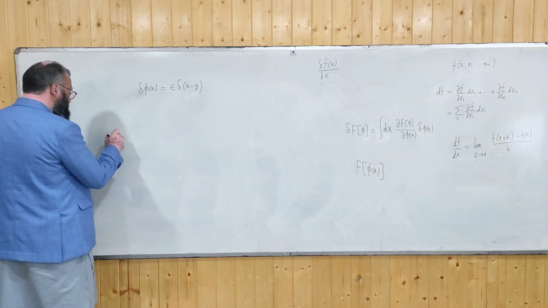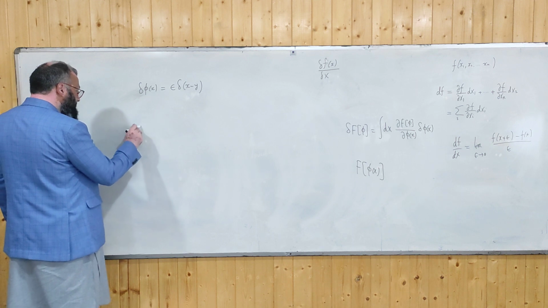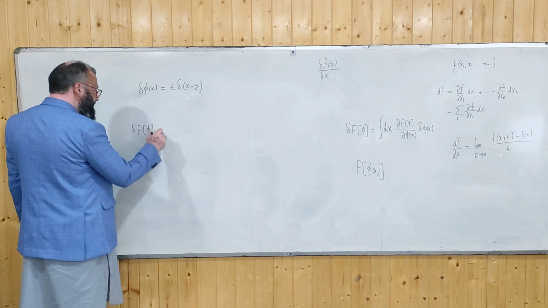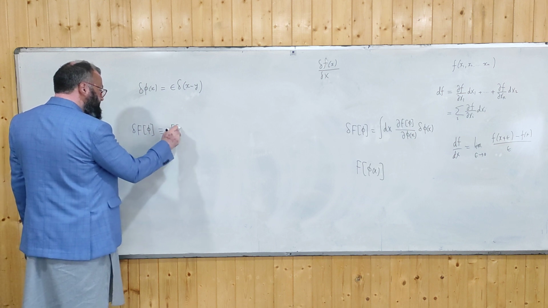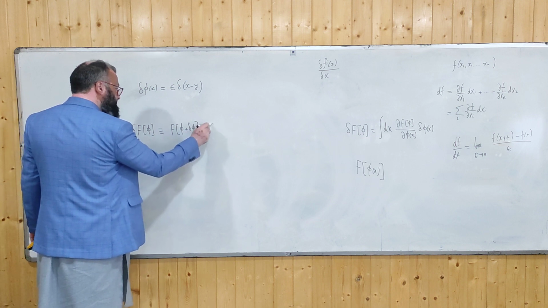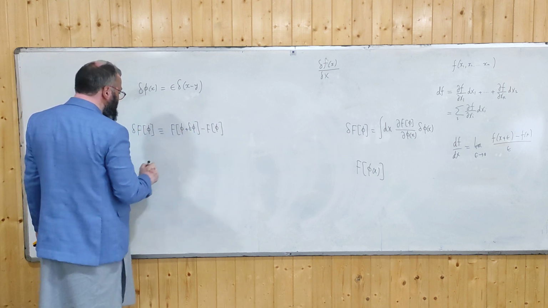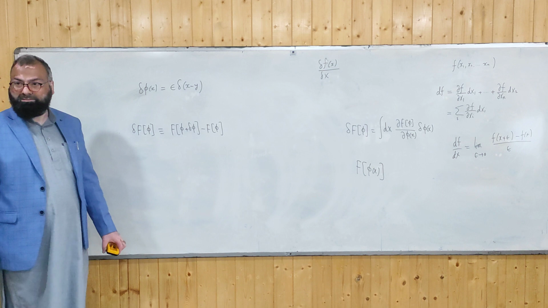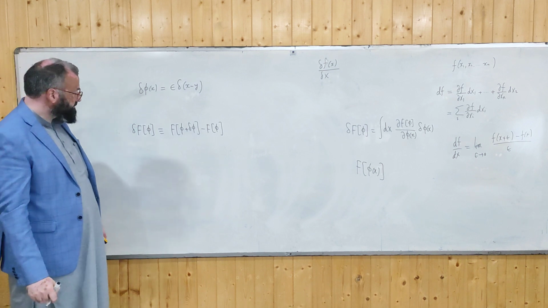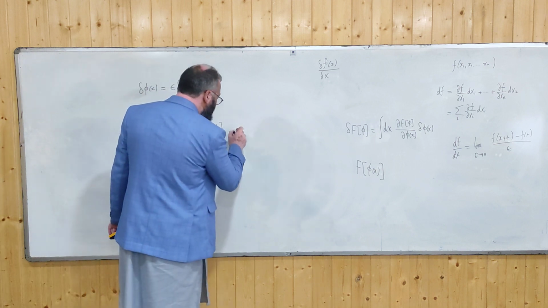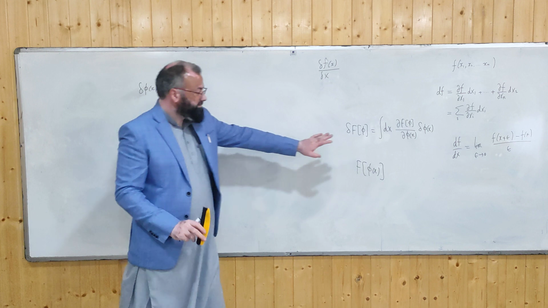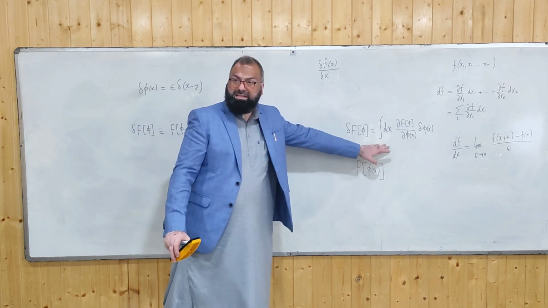So now let's write this variation. I can write this delta f of phi, defined this way: f of phi plus delta phi minus f of phi. Can I write it? Now this is by definition equal to the following.